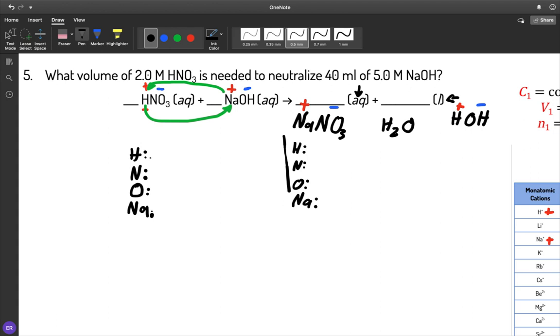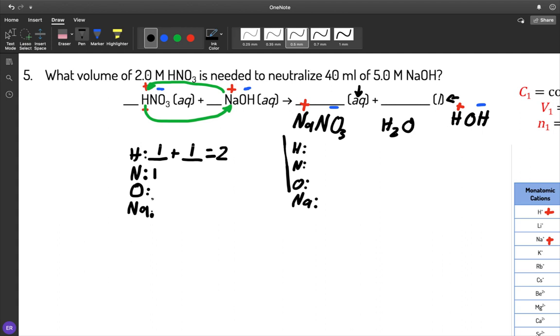Hydrogens, we have 1 hydrogen from our first compound and 1 hydrogen from our second compound. So 1 and 1, which in total makes 2. Nitrogen, we have 1 from our first compound.